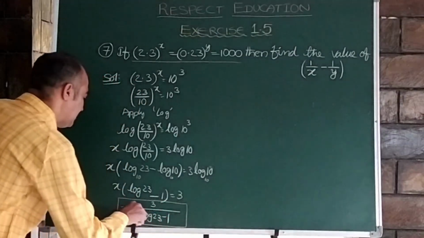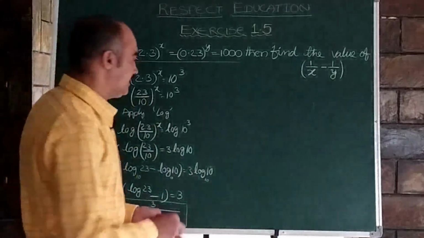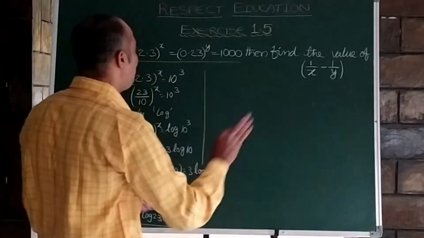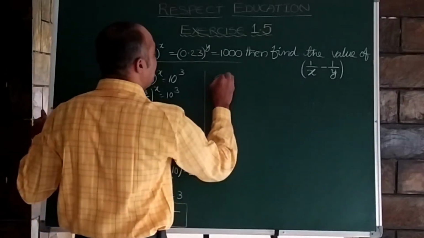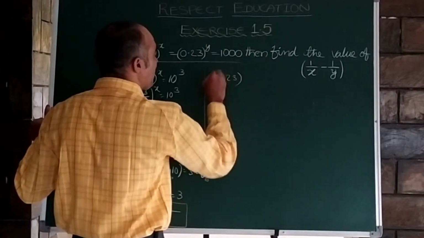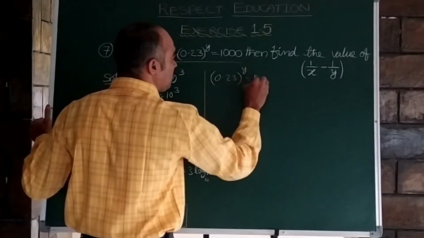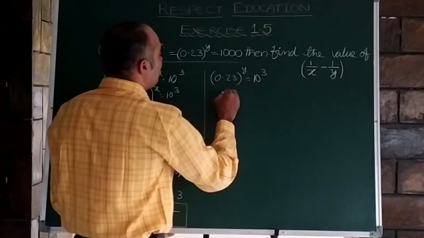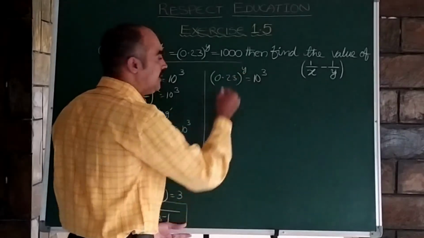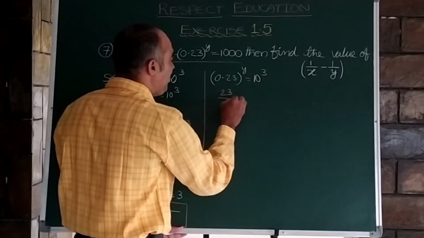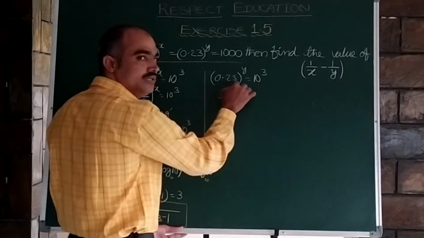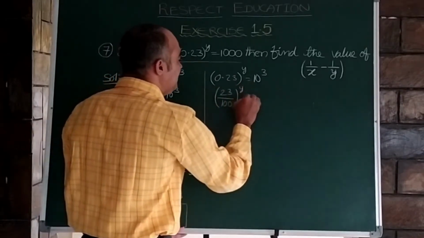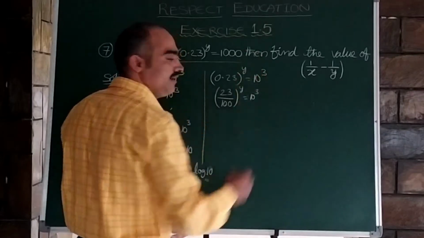x is ready, children. Now we are going to find the value of y. Same procedure. So 0.23 power y can be taken as 1000, meaning 10 cube. Here 0.23 can be written as 23 by, after the decimal 2 digits are there, so 23 by 100 power y is equal to 10 cube, right?